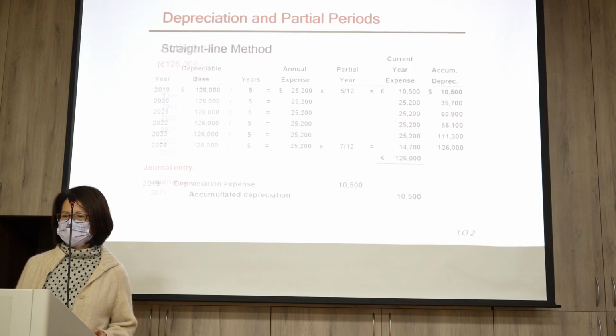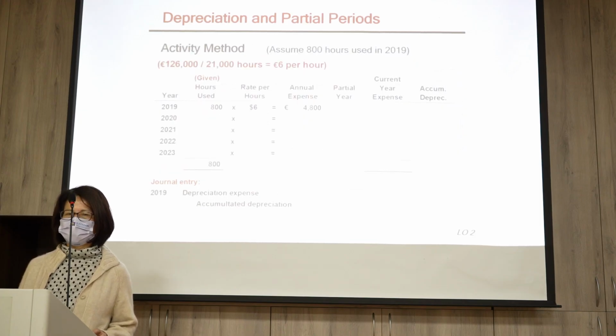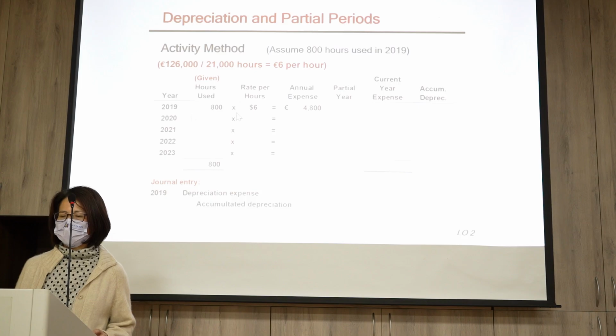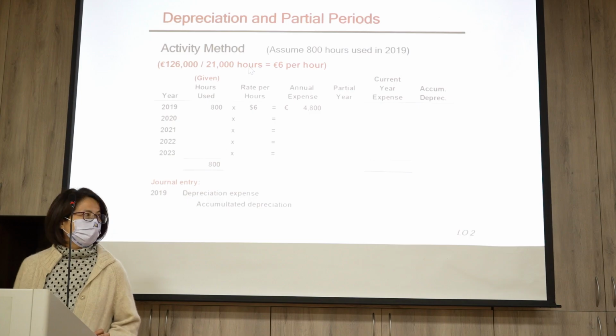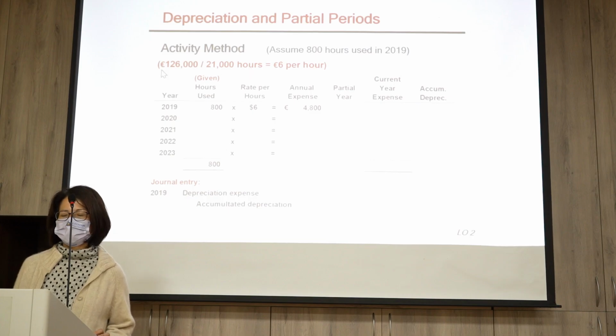Let's look at the activity method. The depreciation is taken by the activity. In this case the total hours is 21 hours, and the depreciable base is only 126.